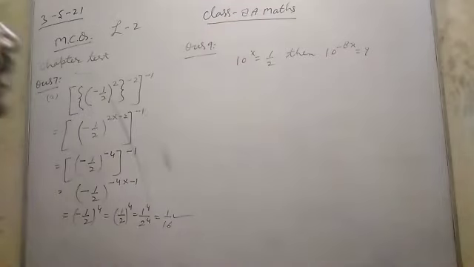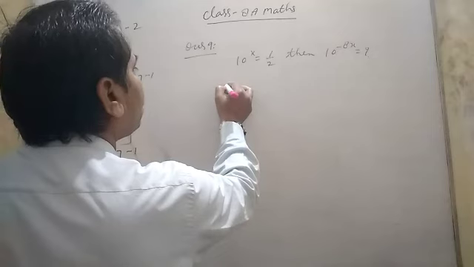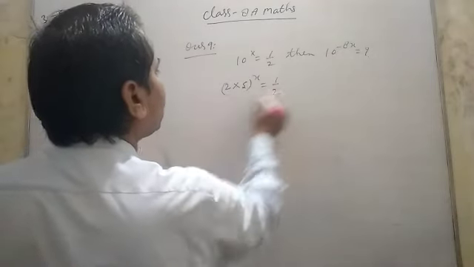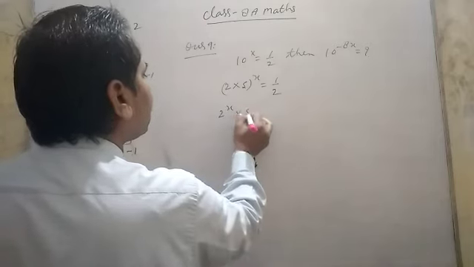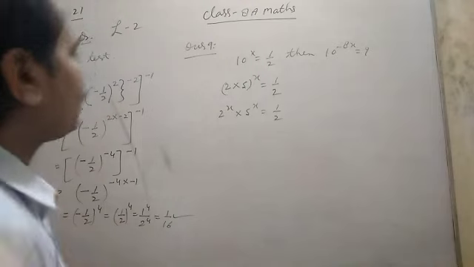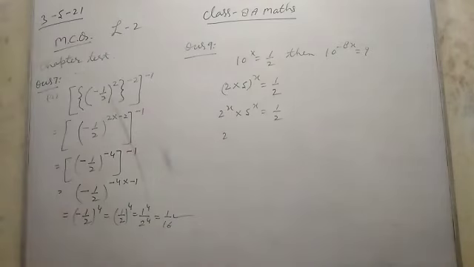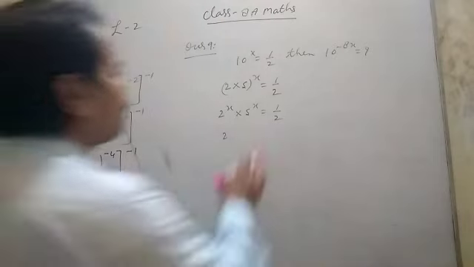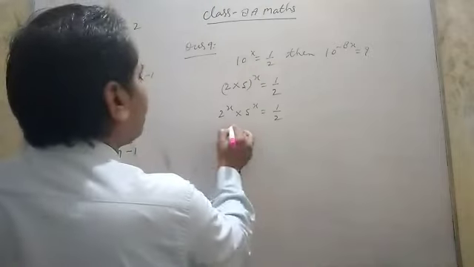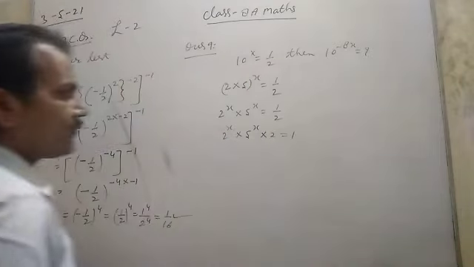So first you find the value of x. So 10 power x is equal to 1 upon 2. So 10 we can write 2 into 5, power x is equal to 1 upon 2. So 2 power x into 5 power x is equal to 1 upon 2.